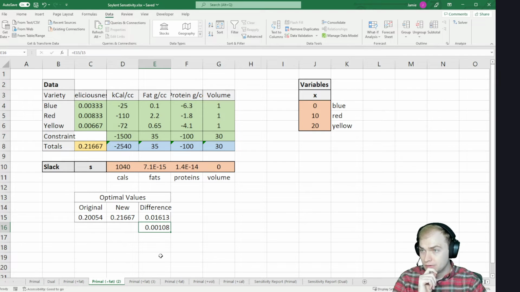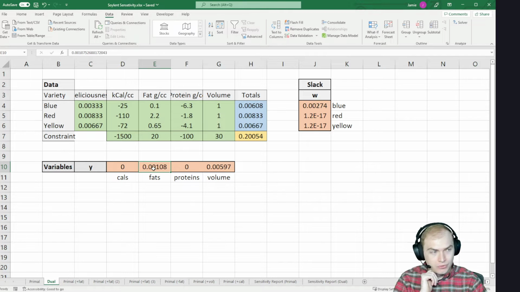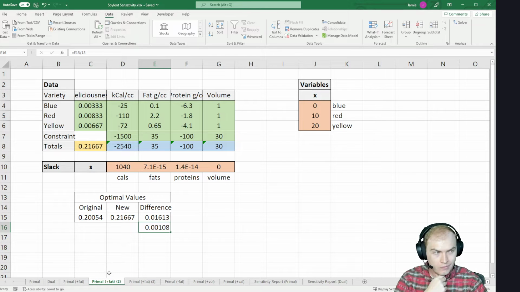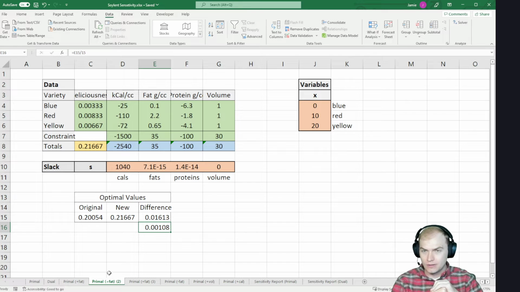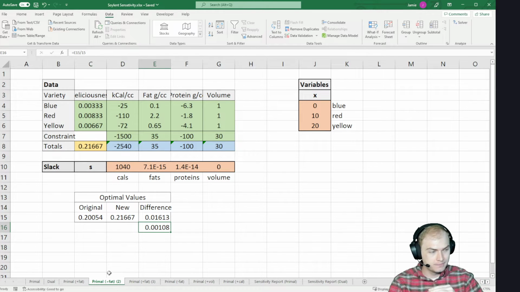And that is the same number that we just saw in the +1 gram and in the dual y fat variable value. So even up to 15 extra units, we can see the same amount of increase in our objective function value.